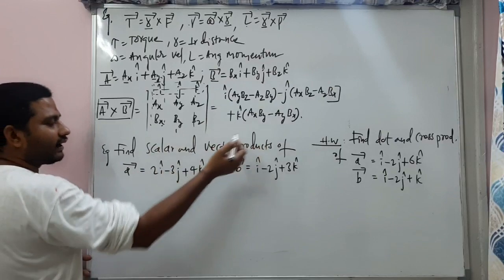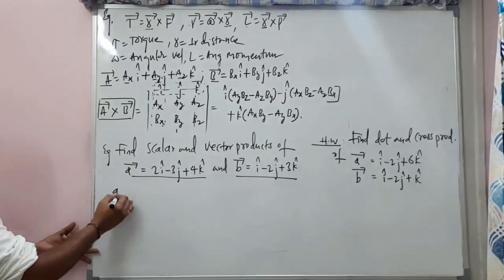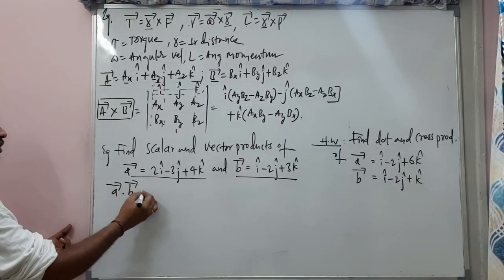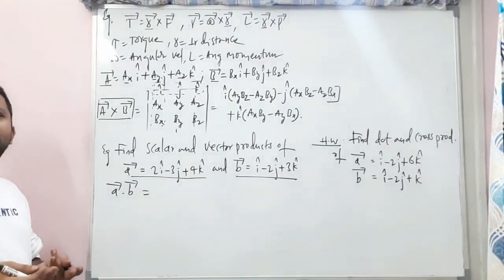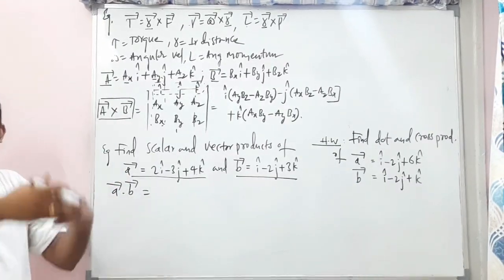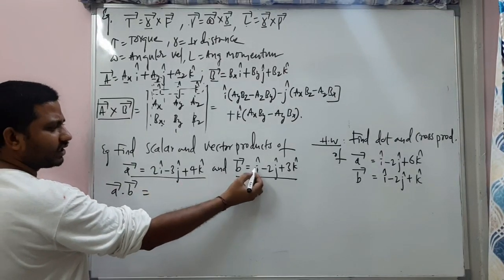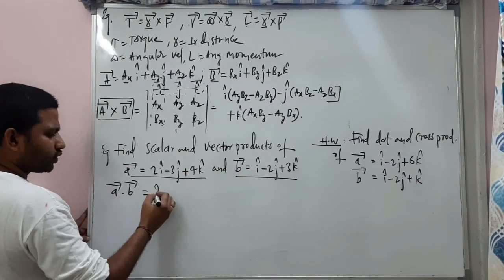Find the scalar and vector products of these two vectors here. There are two vectors. First the scalar product. How simple is it? The scalar product is the direct multiplication of the i cap, j cap, k cap coefficients. Simple. 2 into 1, for i cap it's 2.